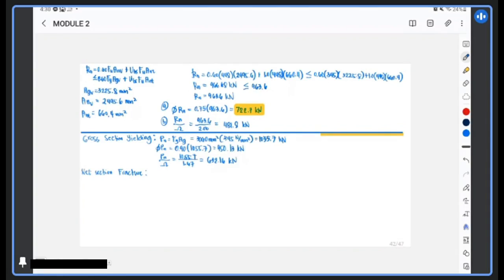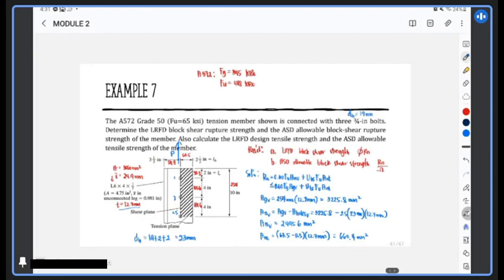So 632.60. Net section rupture, we have to find An. Okay, that would be equivalent to the gross area minus area of the hole. Okay, since isa lang class, no? Isa lang, hindi tatlo yan, no?